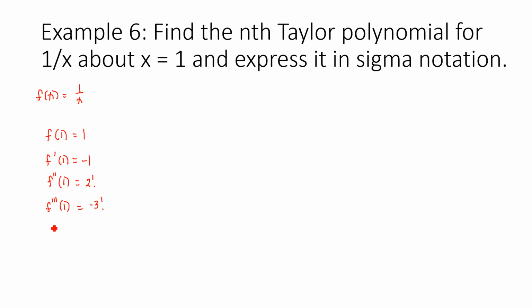And then the fourth derivative of f of 1 is equal to 4 factorial, and so on. The kth derivative of f of 1 would be equal to the quantity negative 1 raised to k times k factorial.